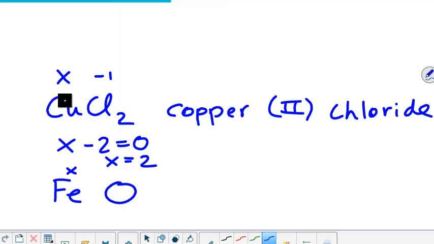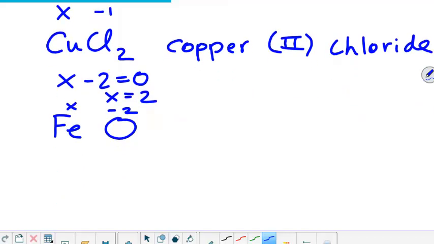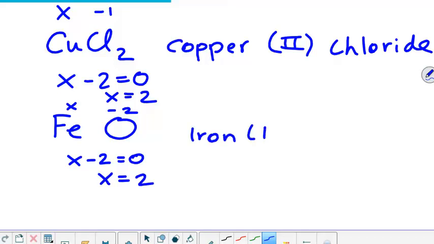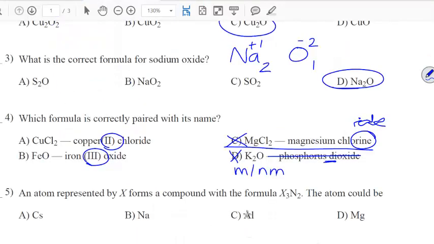Whereas if we do the same thing for the FeO, iron's X, oxygen's -2, bottom times top has to equal 0. This should be iron 2 oxide. Oops, 2, not 3. So going back to our test, this Roman numeral is not correct. It's not iron 3 oxide. It should be iron 2. Okay?